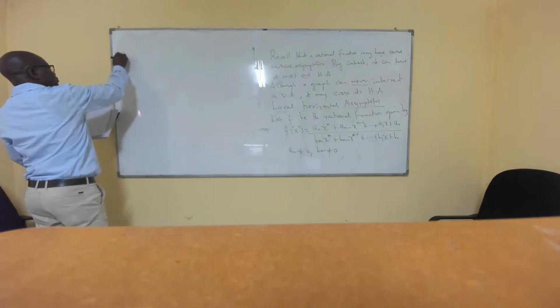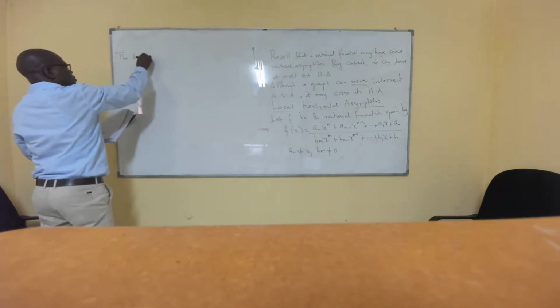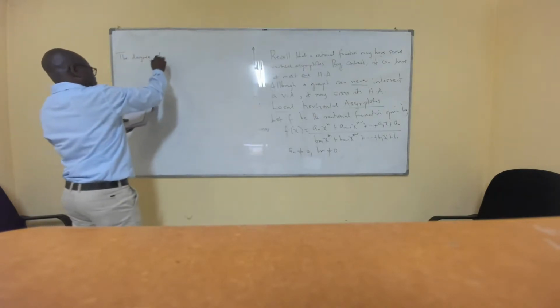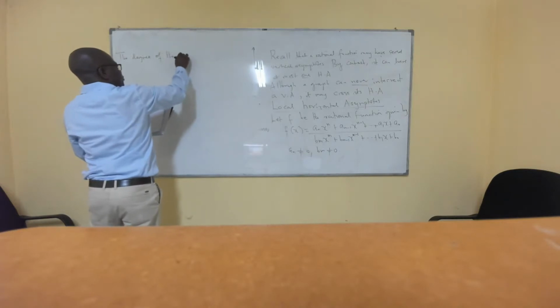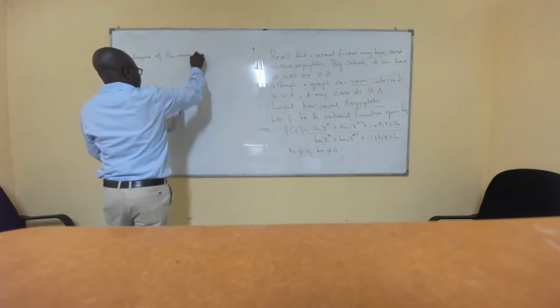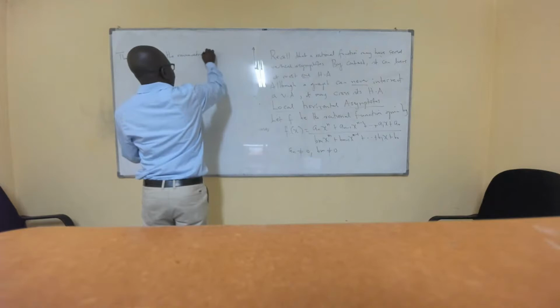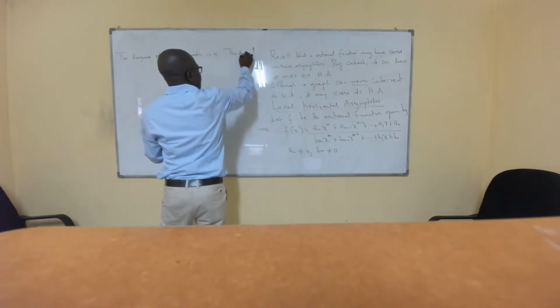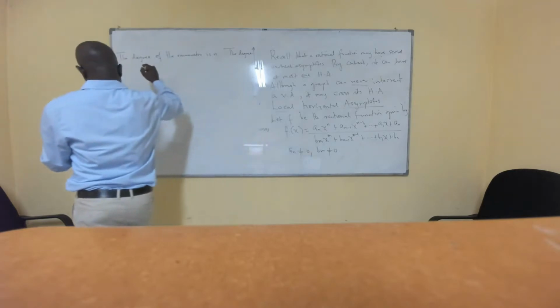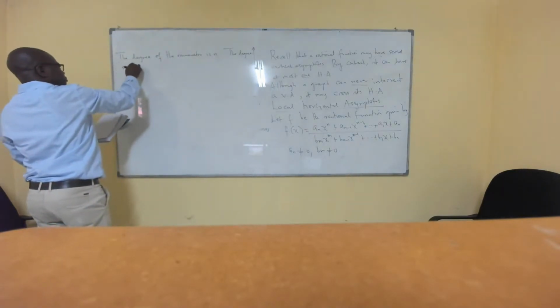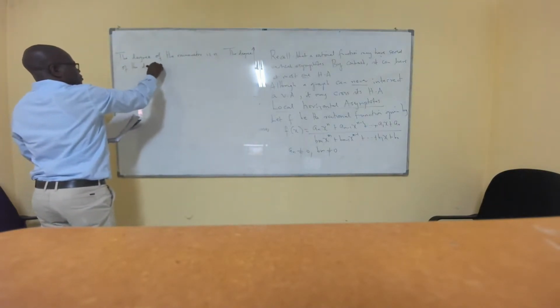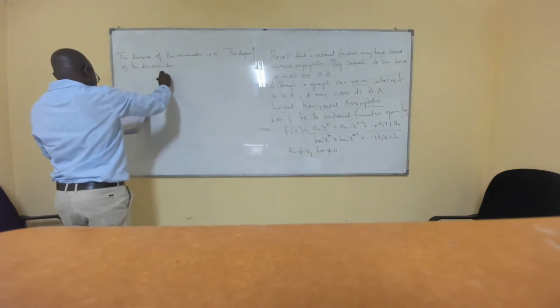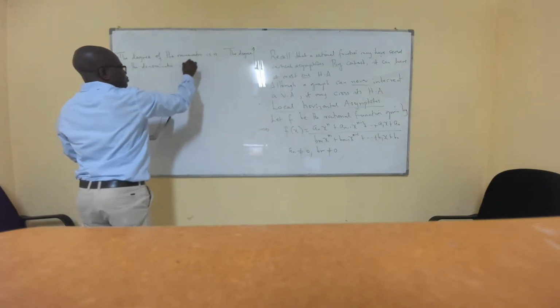The degree of the numerator is n. The degree of the denominator is m.